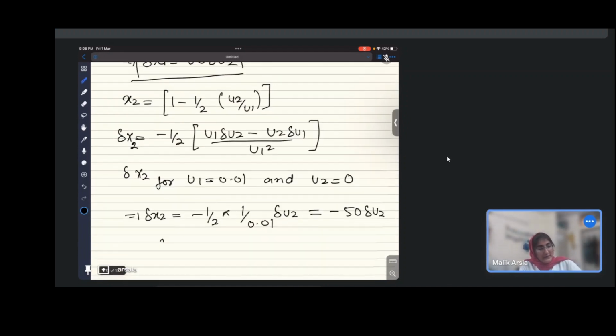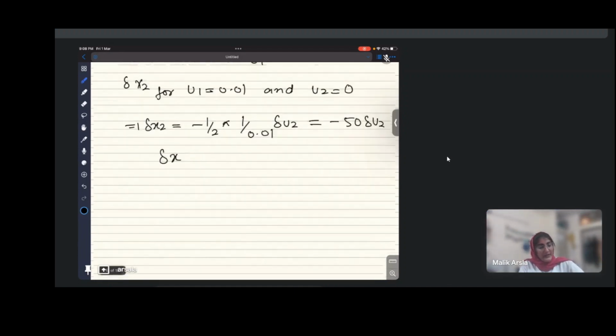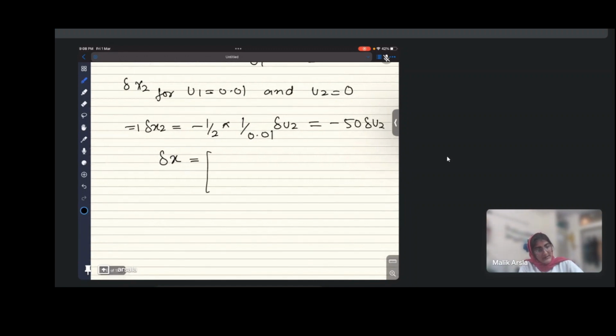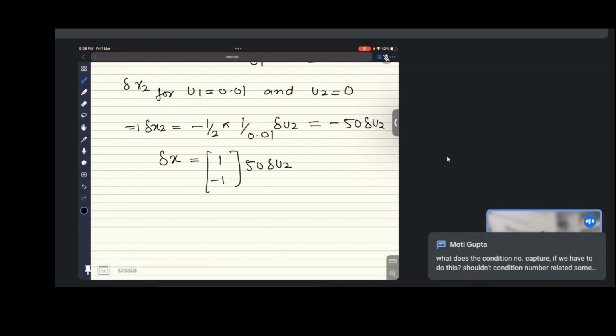So if you bring small changes in u1, the solution is insensitive, like the solution will not change. But for delta u2, even a small change is multiplied 50 times.